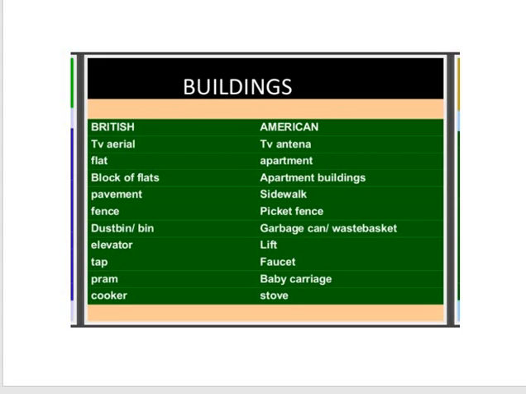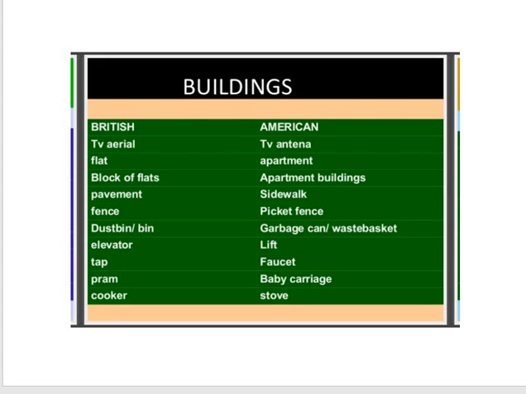There is a difference in buildings as well. TV aerial, TV antenna. Flat, apartment. Block of flats, apartment building. Pavement, sidewalk. Fence, picket fence.